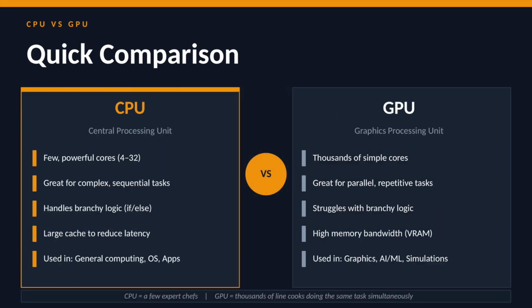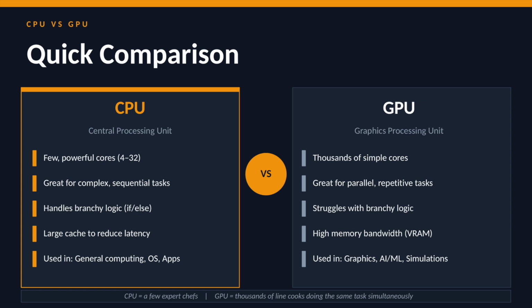Now, a very common question: what's the difference between a CPU and a GPU? A CPU has few powerful cores, typically 4 to 32. It is designed for complex branchy logic like if-else conditions, function calls, operating system tasks. A GPU, on the other hand, has thousands of much simpler cores.